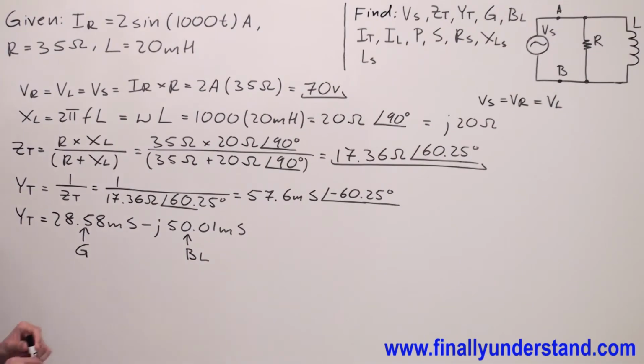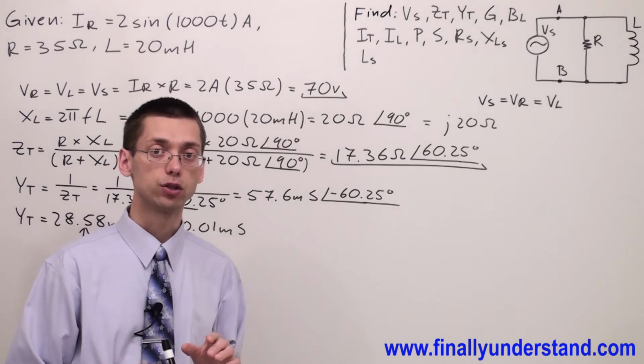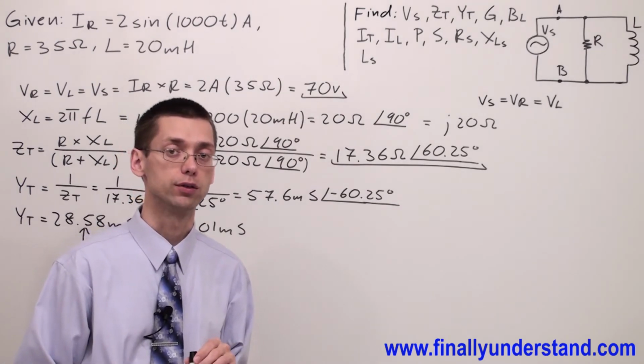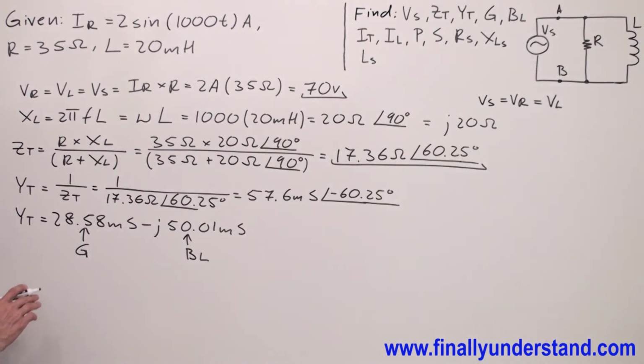Next, we're supposed to find I total. I'm going to solve I total using two ways in order to verify if our answers are correct. So before I find I total, I'm going to find IL.